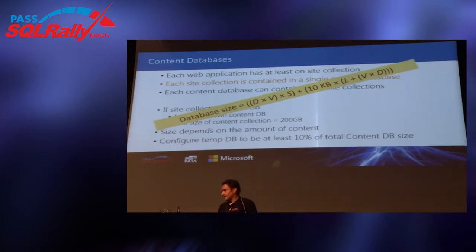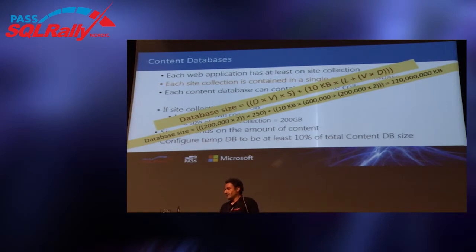Then the average size of a document is S, and then there is 10 kilobytes of metadata per document for list items. So if we assume that we have 200,000 documents with 2 current versions, and the average size is 250 kilobytes, it will give you a content database of 150 gigabytes, roughly.